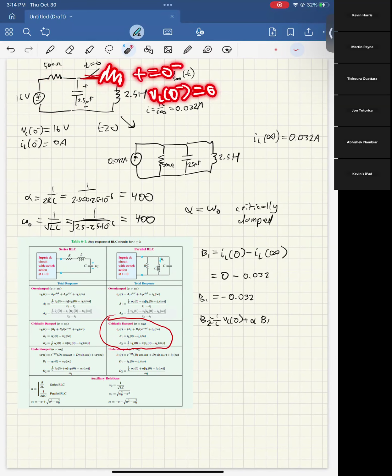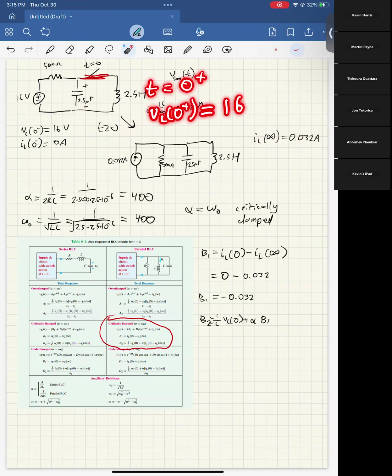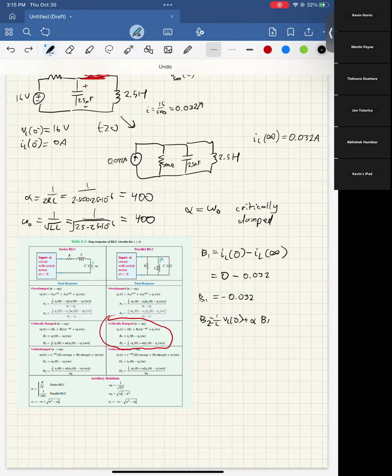Because it wasn't connected at all. But then the moment that switch moves, the voltage across that inductor becomes 16 volts because it's directly connected to that capacitor, which has 16 volts on it. So all that tells us is that this VL of 0 is 16 volts, right?